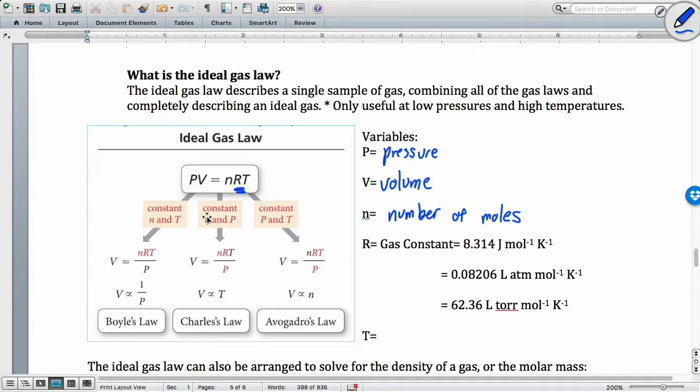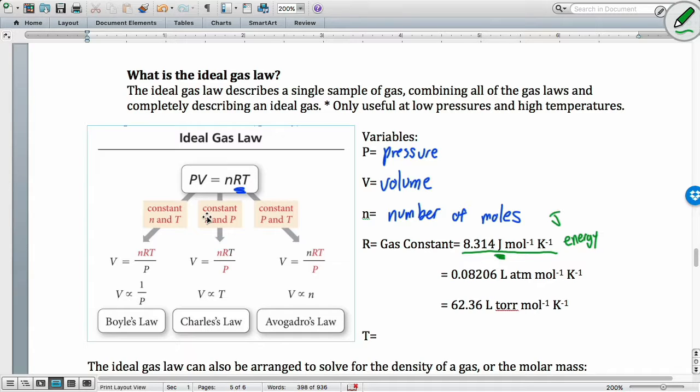There's a million different ways you can use the gas law, but 3 of them are on your equation sheet, so there are 3 of them that you need to know how to use. The only difference between them is the units, okay? So it's the same constant, just in different units. This 8.314, we call the energy gas constant because it has J in it.